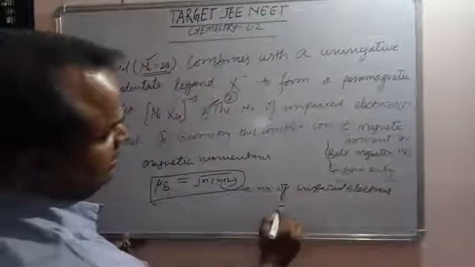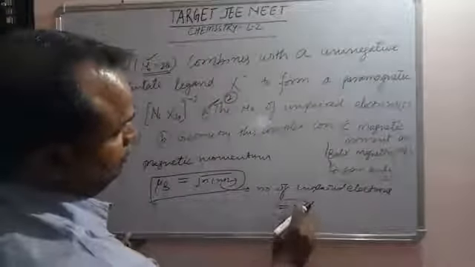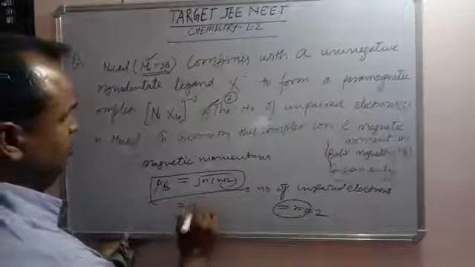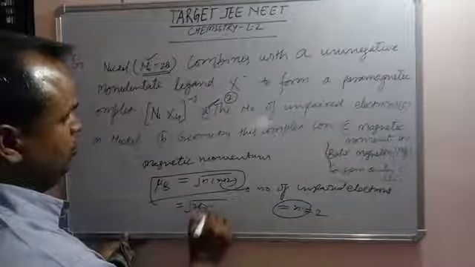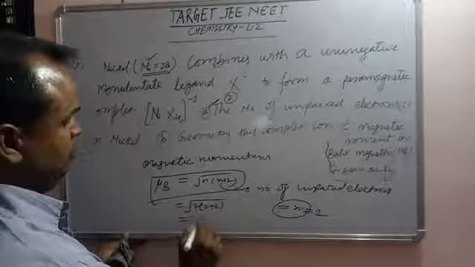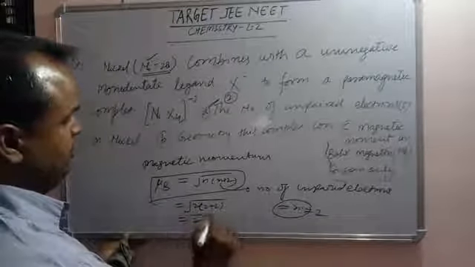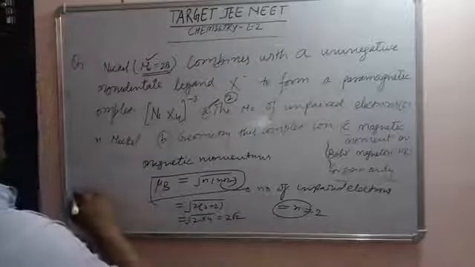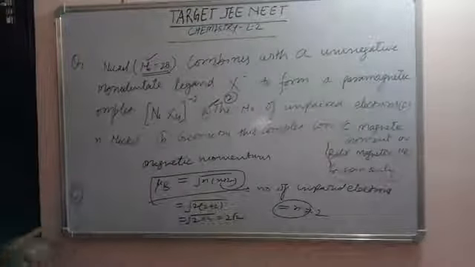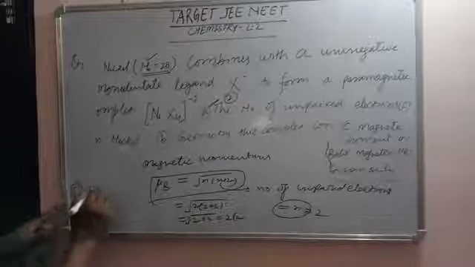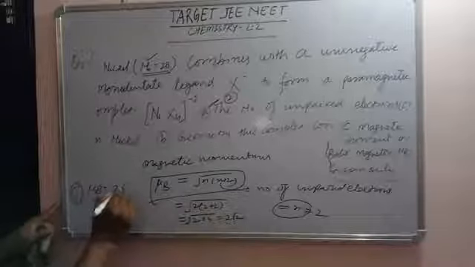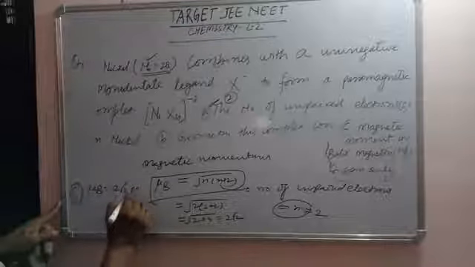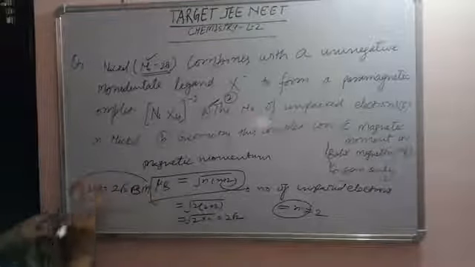We know that n is equal to 2. This is equal to root of 2 into 2 plus 2, is equal to root of 2 into 4, is equal to 2 root 2. So the answer of part C is mu is equal to 2 root 2 BM, Bohr magneton.